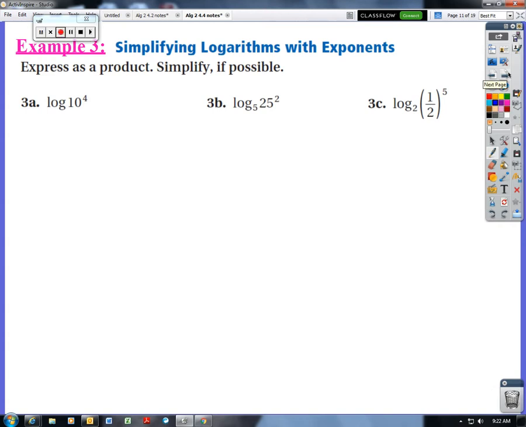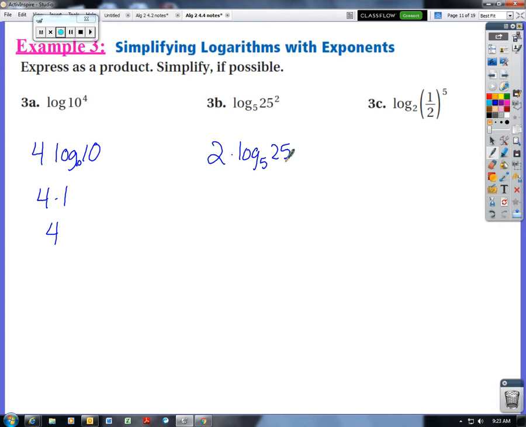Okay, do these on your own. Okay, so we got 4 coming out front. This means there's a base of 10 here, so 10 to what power equals 10? And that's 1. So 4 times 1, 4 is your answer. This next one, we're going to pull the 2 out front. Log base 5 of 25. 5 to what power equals 25?